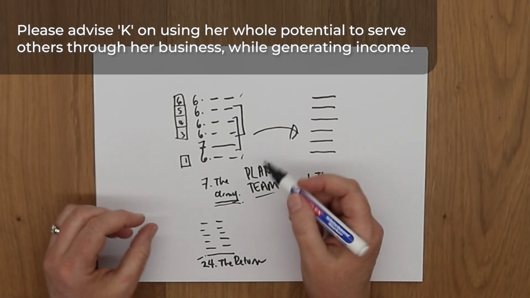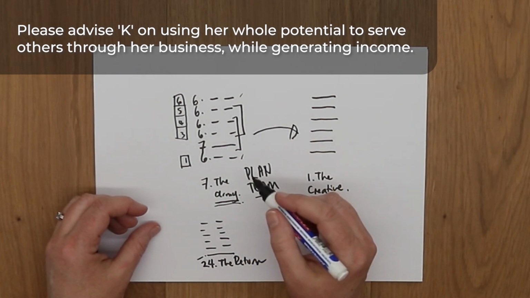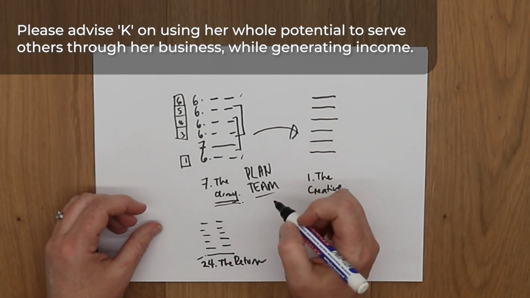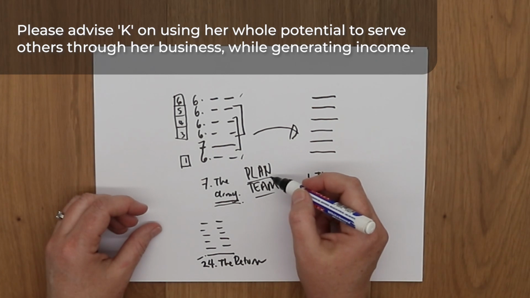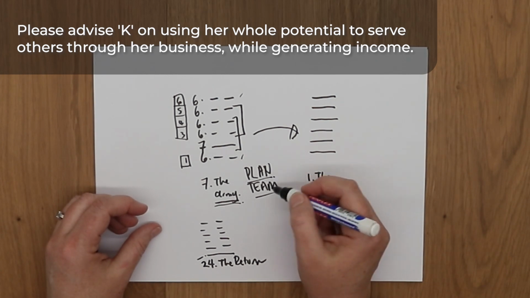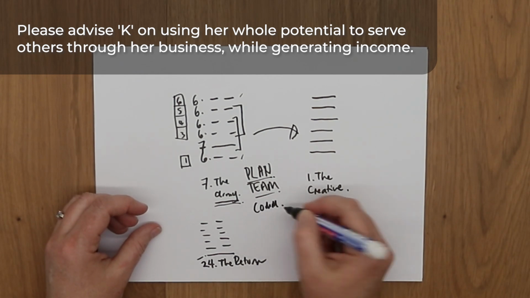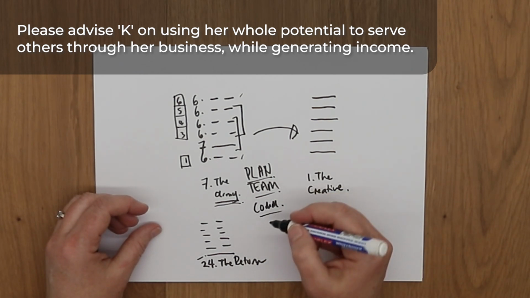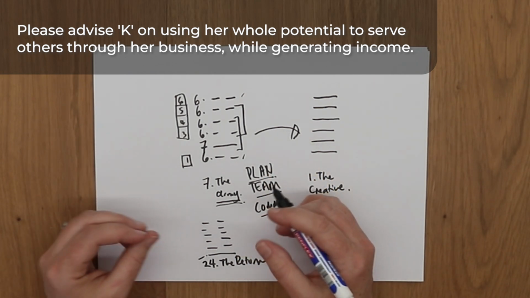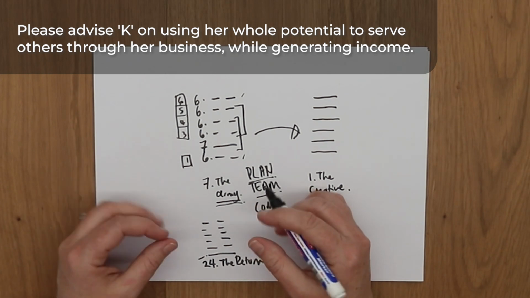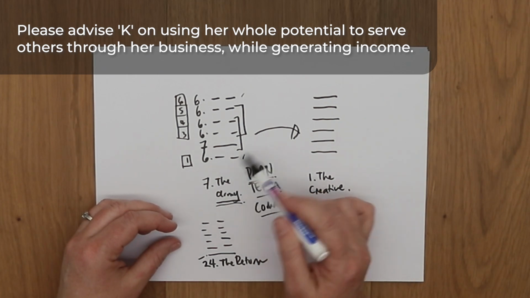So, Kay, as you work with this question of using your whole potential to serve others, to do good while generating income, you've got to get back to the plan, what am I needing to do, and the team, and to communicate. This is the very highly proficient, organized leader who mobilizes others, who gets things done, who has a clear focus, who creates discipline in the troops, because in a war army situation, you've got lots of people milling about.